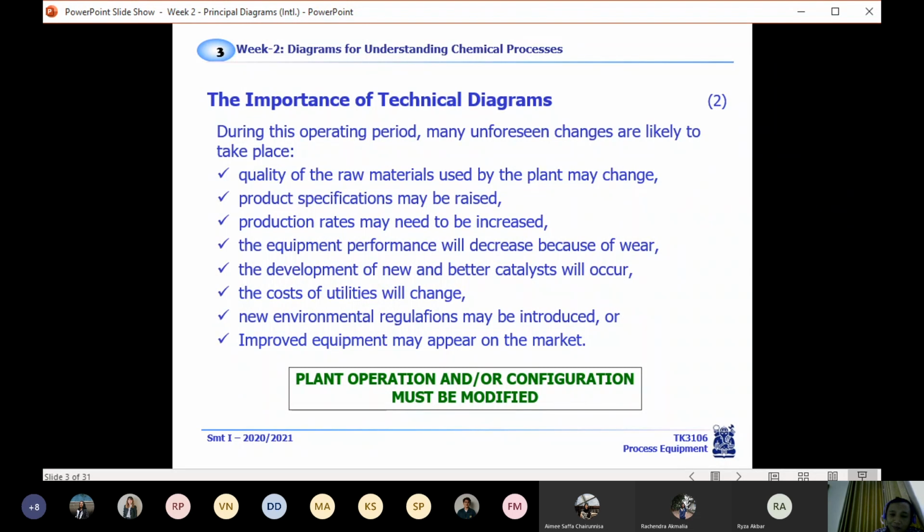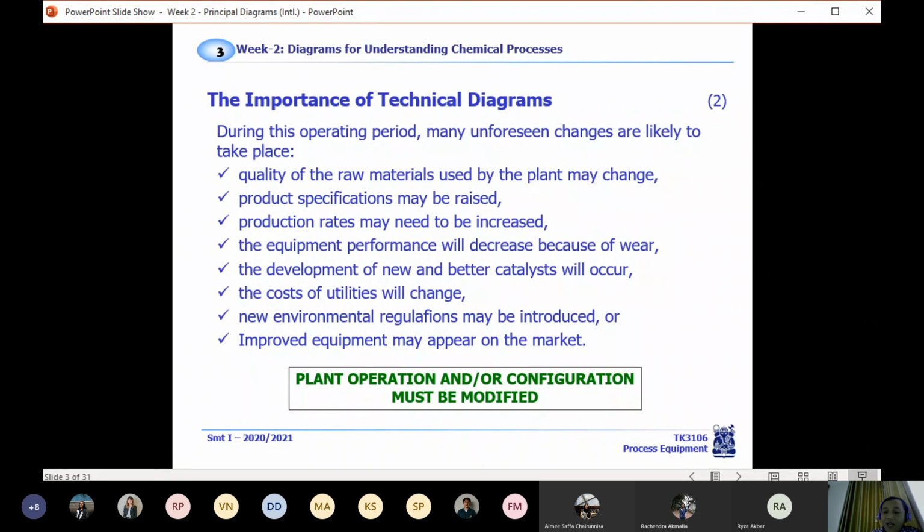So any improvement or change of the process can be covered by showing in the technical diagram which area of the process has changed. For example, if the separation unit has changed, we can adjust the process variables in the separation unit by changing the PFD.